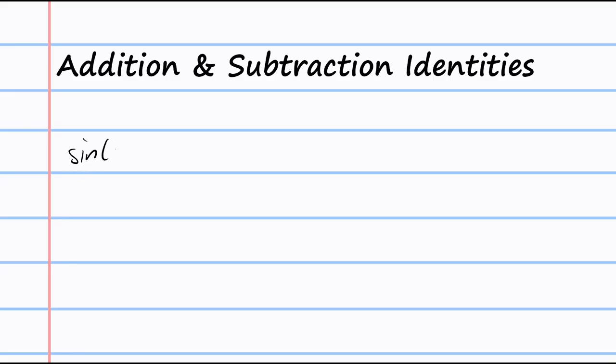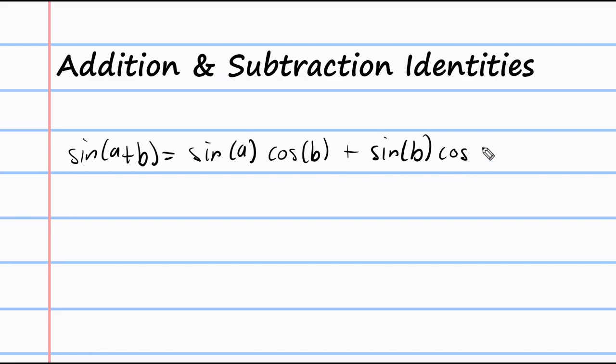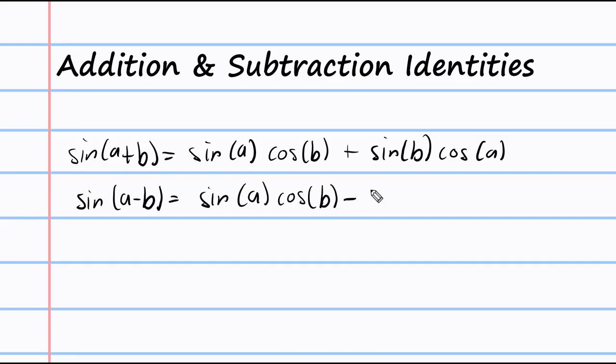So sine of A plus B is equal to sine of A times cosine of B plus sine of B times cosine of A. Sine of A minus B is equal to sine of A times cosine of B minus sine of B times cosine of A.